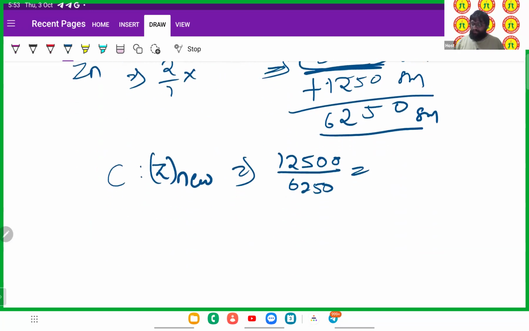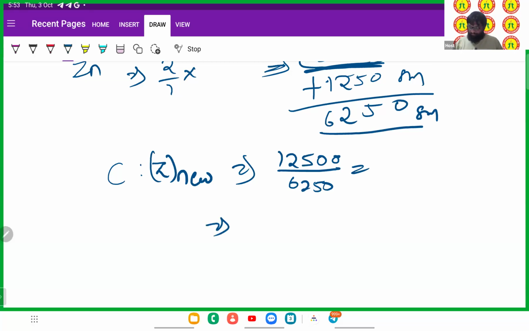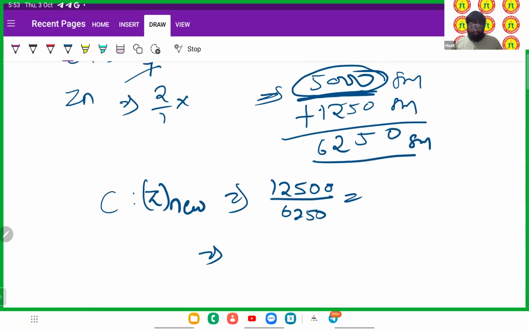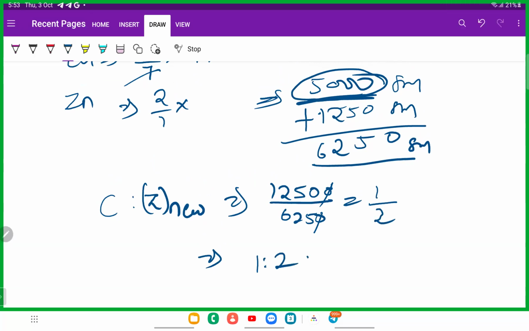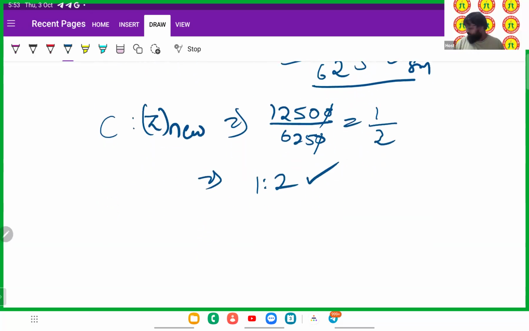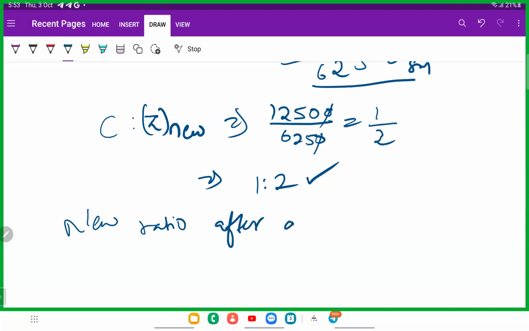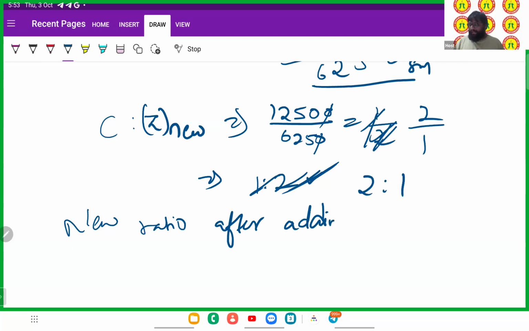What is the ratio now? It is 2:1. Sir, will it be 1:2 or 2:1? It is 2:1.